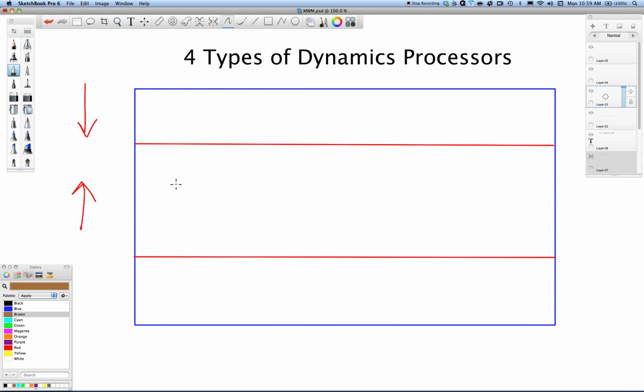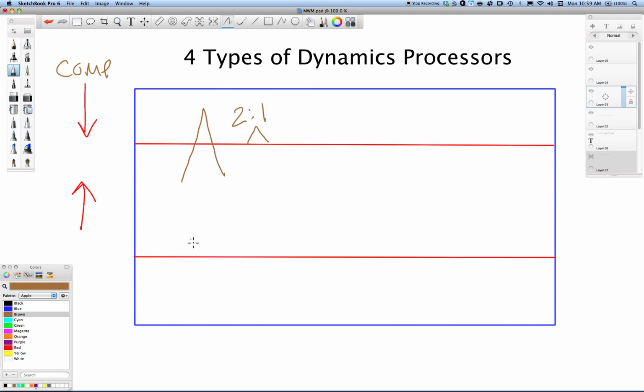So for example, if we have a signal that passes above a threshold, so the red line here is above threshold, then this keys in compression. And if the compression has a ratio, let's just say of 2 to 1, then what will happen is we will have an output, assuming we have a fast attack and all of that sort of stuff, that is half as much as the signal that passes above, right? So that's a form of downward compression, right? So this is downward compression, what we're looking at here. So that's one basic form.